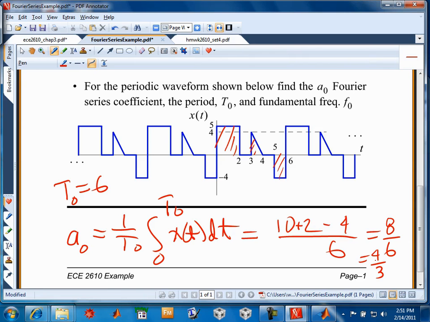Is that believable? I mean, what we're thinking of, this is the average value, so that says, if I was to draw a line through here, the waveform, half the time it's above the 4/3, so actually, let's see, is that right? 4/3 is about 1, so it's about right in here.